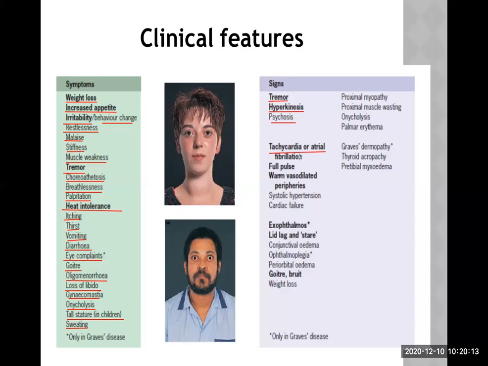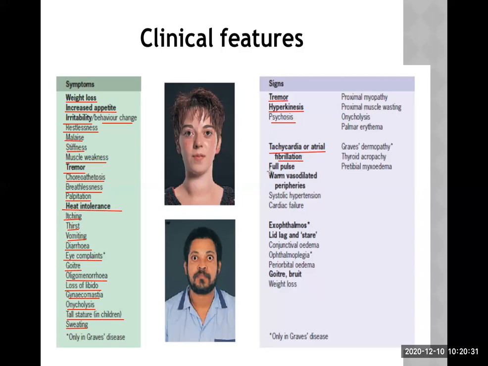Tachycardia or atrial fibrillation, very common feature in case of hyperthyroidism. This atrial fibrillation usually occurs in older patients when they develop hyperthyroidism. Remember this. One of the causes of atrial fibrillation is thyrotoxicosis.